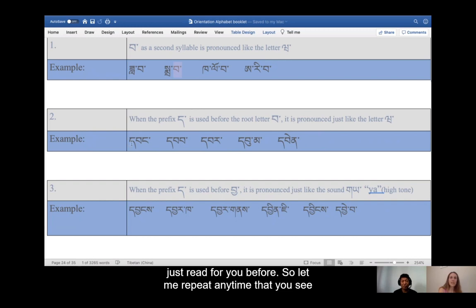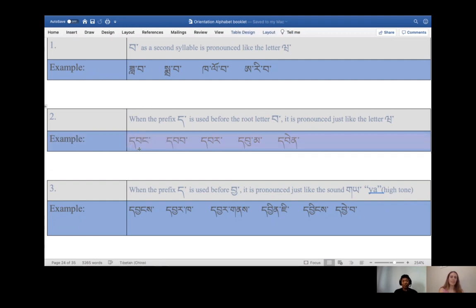So let me repeat. Anytime that you see this letter, which originally we call pa in the alphabet, when it is preceded by the prefix ta, then it changes its sound and it's going to be pronounced as wa, and usually it has a high tone to it. Okay?